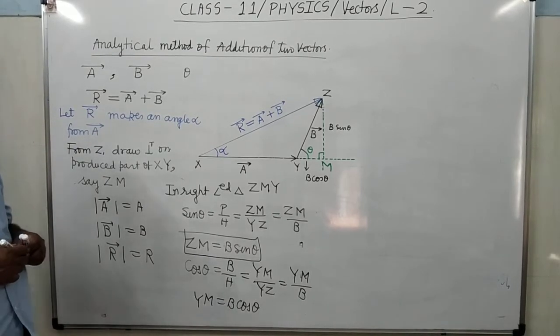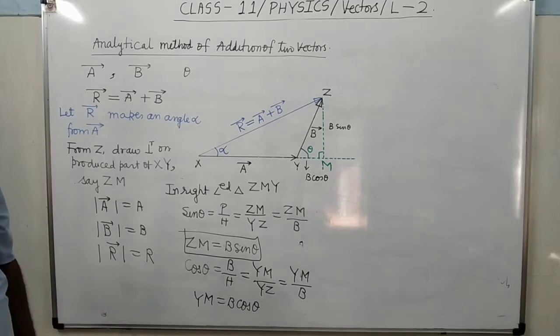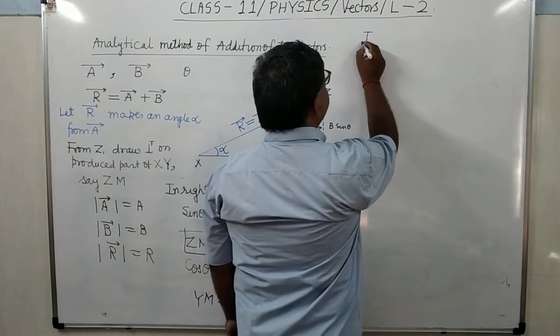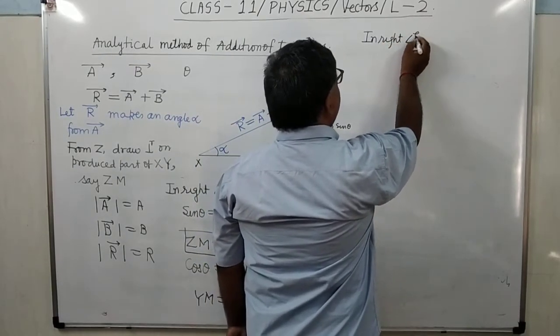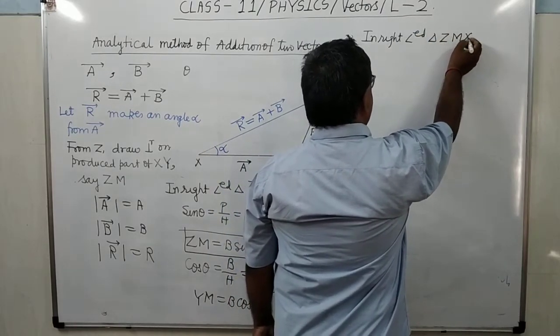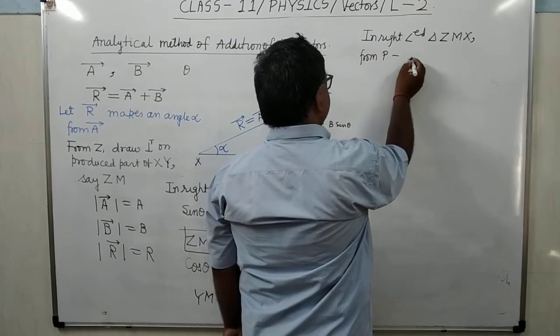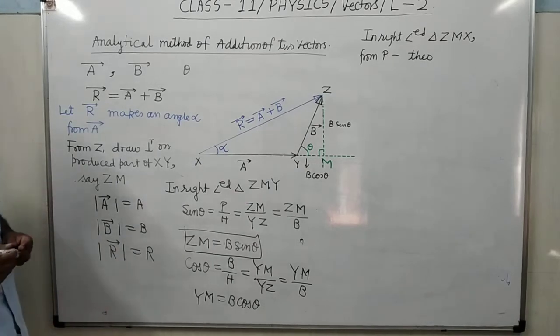Now see here, in right angle triangle ZMX, from Pythagoras theorem. So first you see the triangle ZMX.